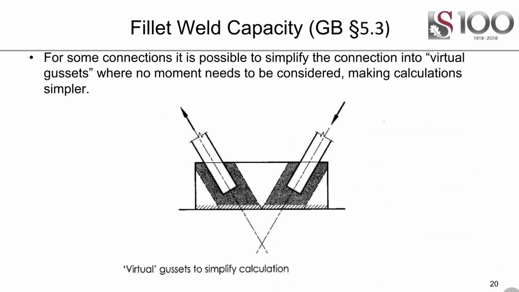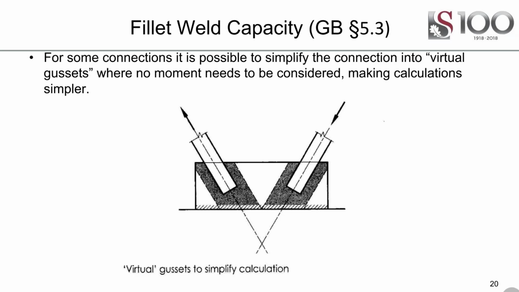And then the last thing to have a look at is the fillet weld capacity when you can simplify it. For instance, here you see a connection with two forces applied, and a weld group calculation with perpendicular forces and moments, etc., can become quite complicated.